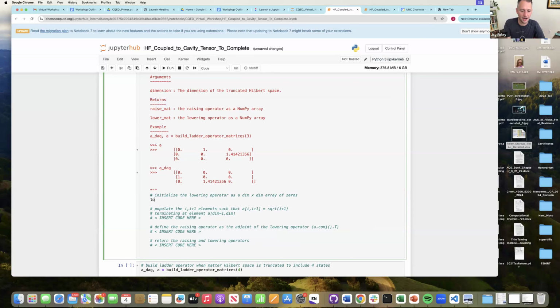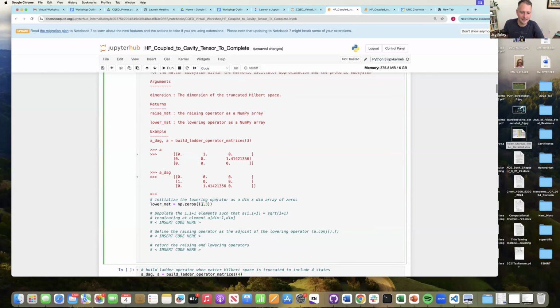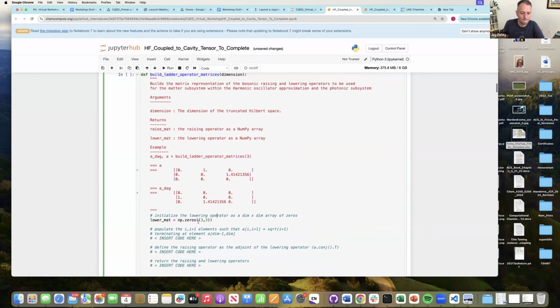I want the lowering operator matrix, which I'm going to call lower mat, and I'm going to set this equal to np.zeros, 3 by 3. Right, so this should create a, not 3 by 3, dim by dim.